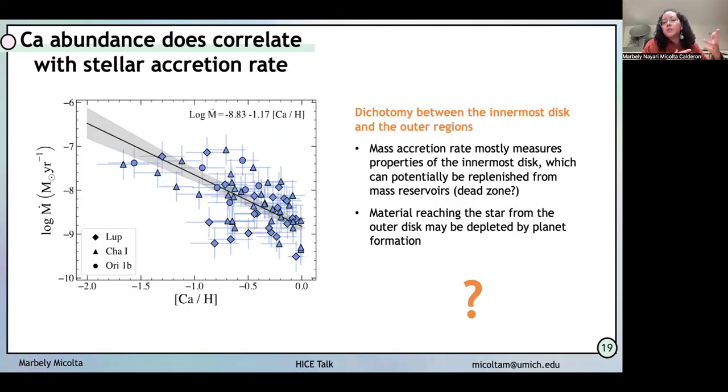So we think this might be hinting at a dichotomy between the innermost disk and the outer regions, in the sense that the accretion rate is measuring the amount of material in the inner gas disk that is falling in, but the abundance itself is correlated to something that's happening further out. So, just a thought to put out there, but still something that we don't really understand.